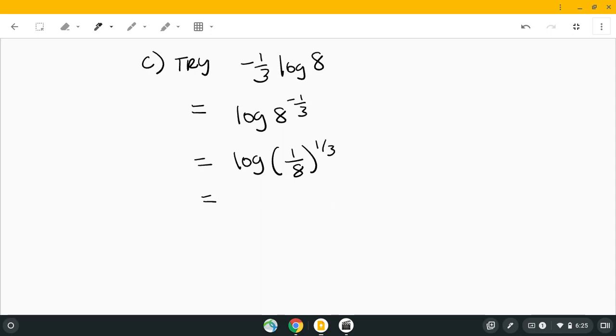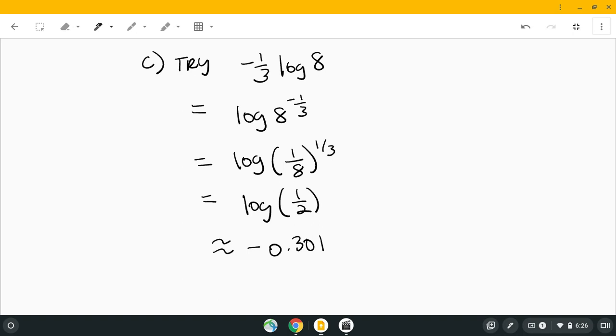That is going to be 1/2. Oops, actually, that's going to be log of 1/2. We didn't finish this. Then using that in your calculator, we will have negative 0.301.